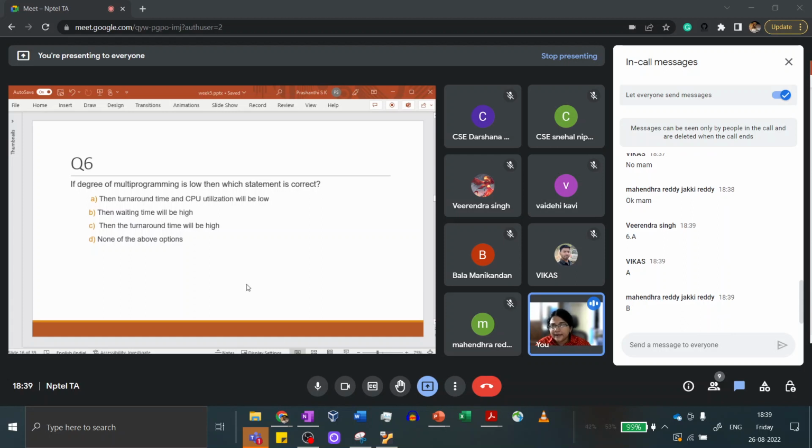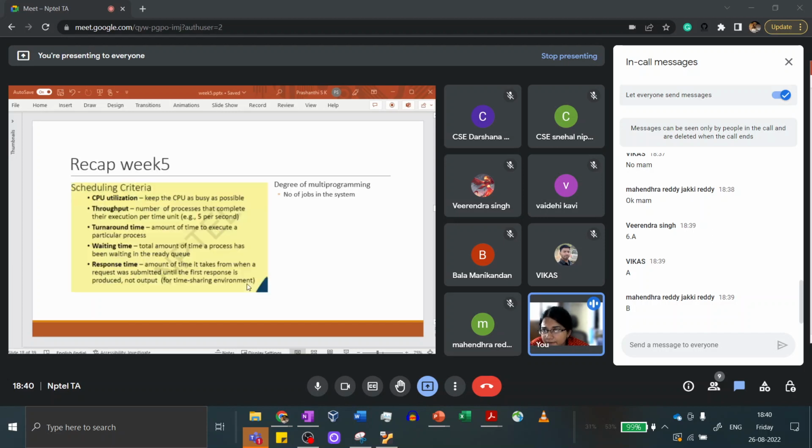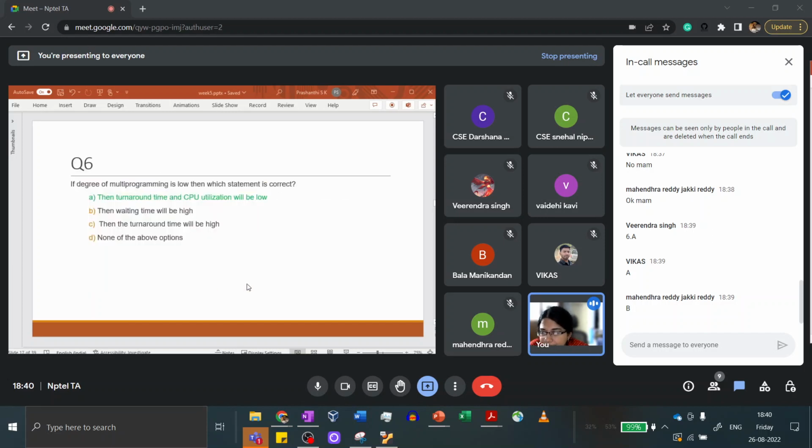B, waiting time will be high. Okay. Let's look at the answer. So it's A, turnaround time and CPU utilization will be low.